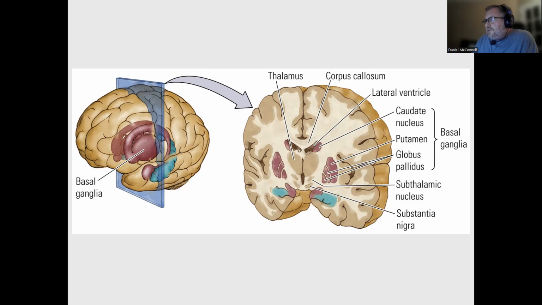Also notice how the picture here is highlighting the substantia nigra. We previously saw a portion of that within the midbrain, but it connects up from the midbrain into the basal ganglia because, again, that's part of an important area related to the control of movement. And in particular, this is the part of the brain that is often indicated as showing some damage in Parkinson's disease.